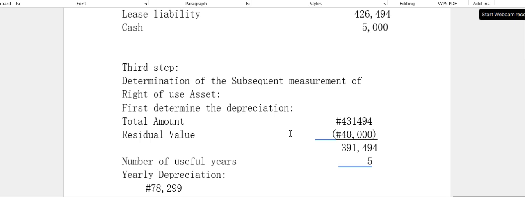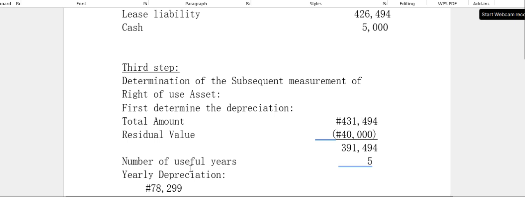How to do it is, we were told that the contract is for 5 years. So the total amount of my right of use of asset that we have gotten is 431,494. We remove the residual value from it. Then we have 391.